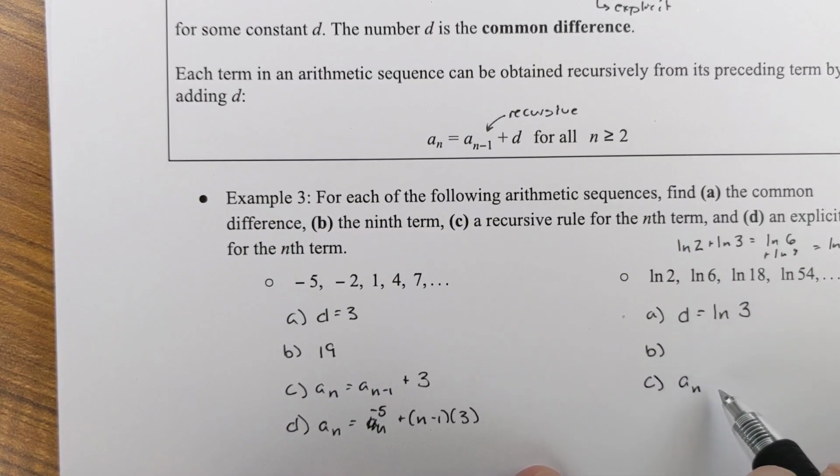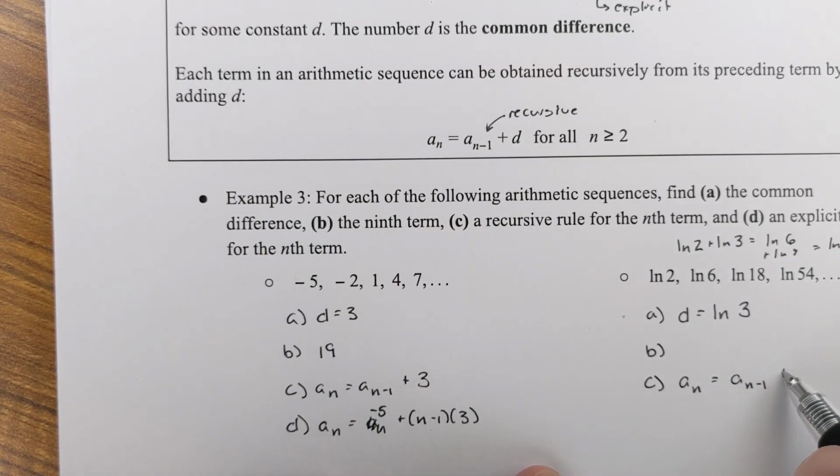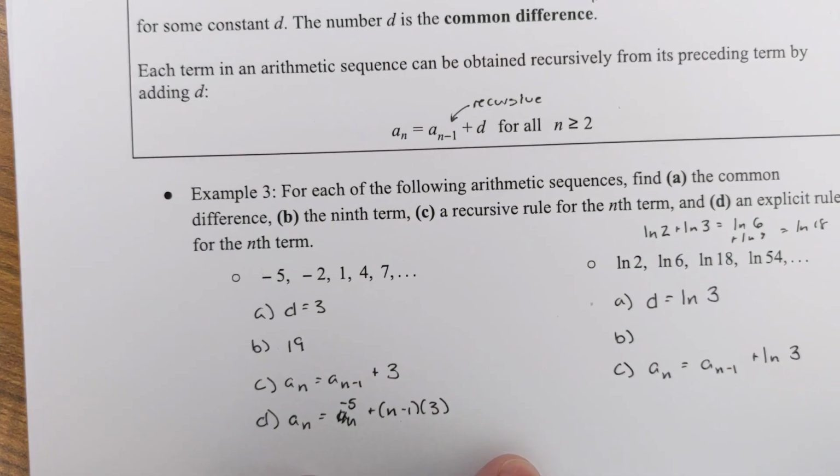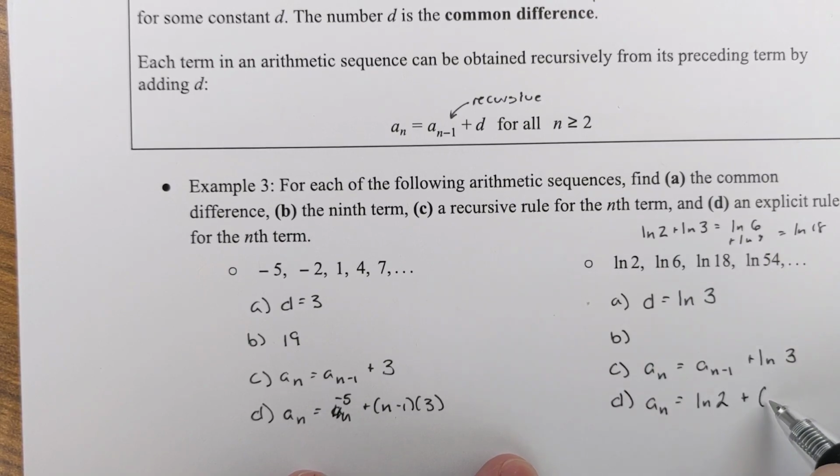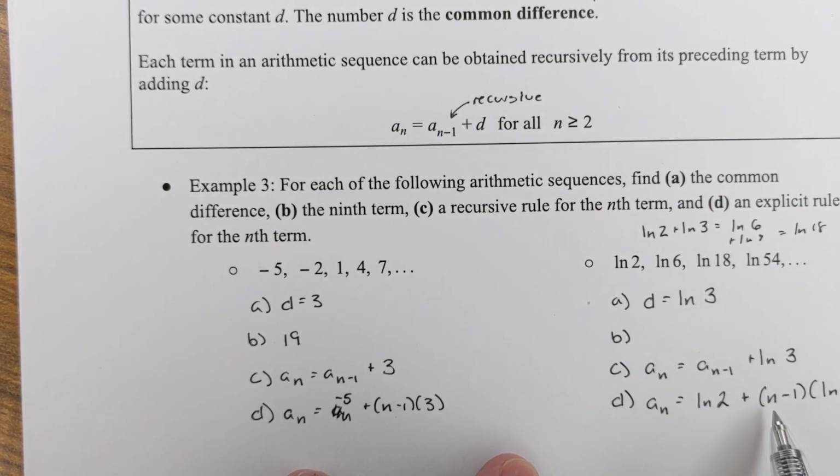For C, each term is equal to the previous term plus the natural log of 3. For the explicit rule, each term is equal to the first term plus n minus 1 times the natural log of 3. So if I want the ninth term, 9 minus 1 is 8, so it's going to be 8 ln 3.